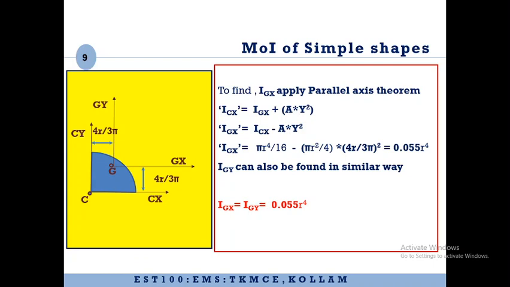Then we considered the centroidal moment of inertia of a semicircle. We got it as 0.11 r raised to 4 for a semicircle, and for a quarter circle we got it as 0.055 r raised to 4. So these values have to be remembered.